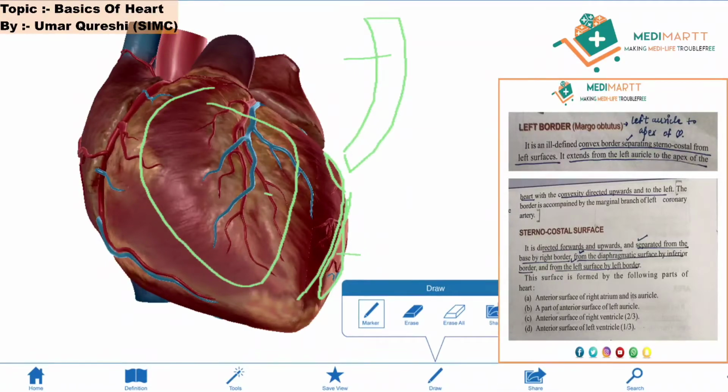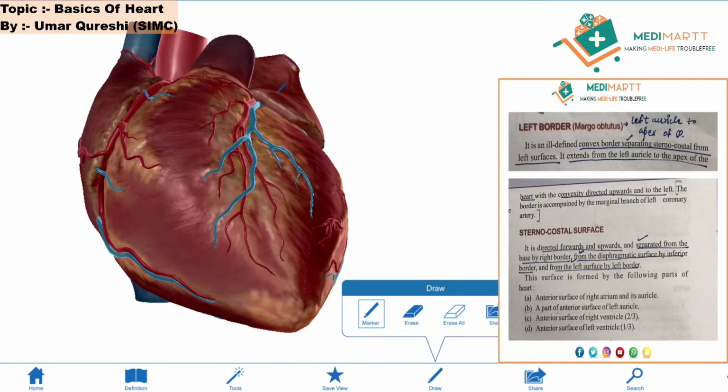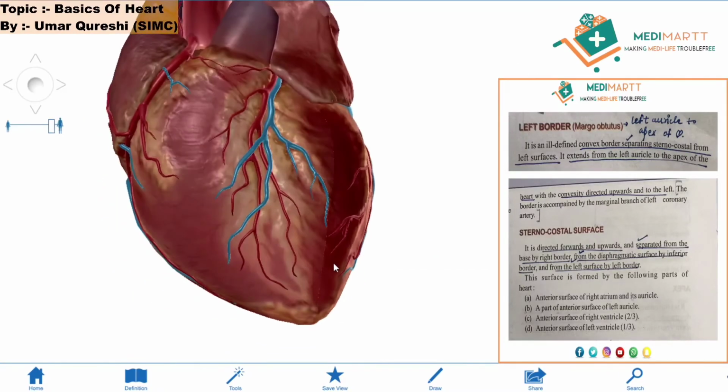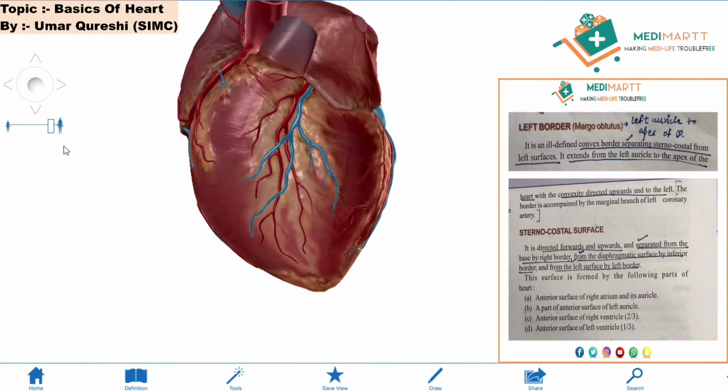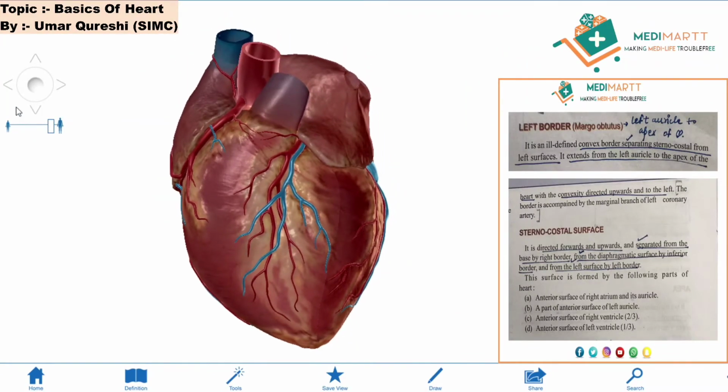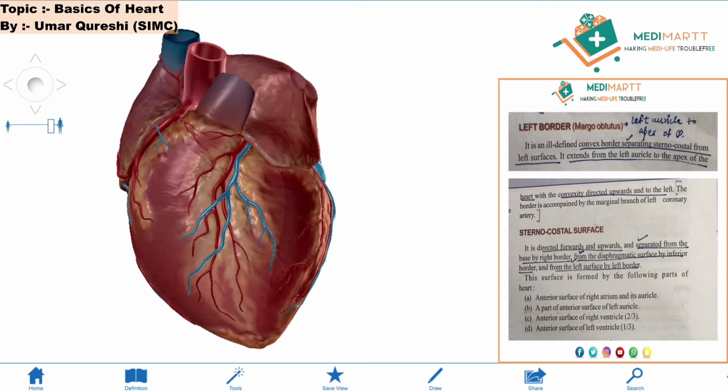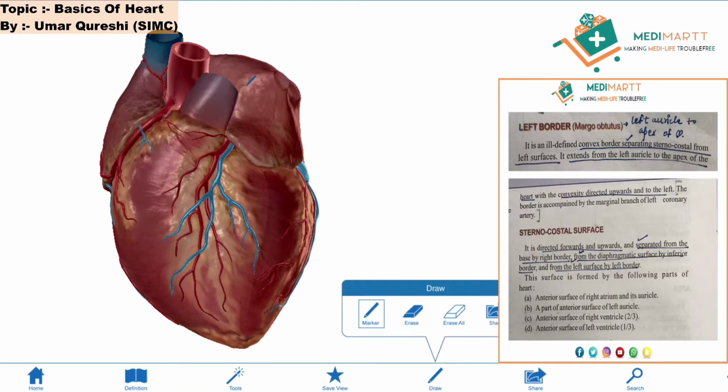What we have to understand here is that there are two main parts, the right atrium and the left atrium. As this is the left atrium, a left auricle will be present. This is actually the auricle.